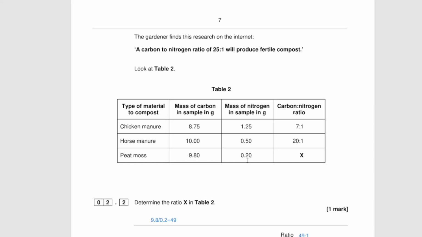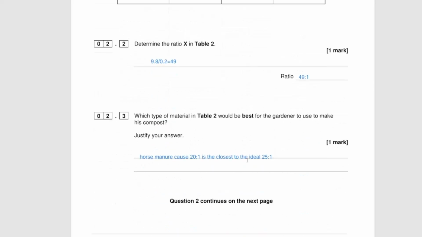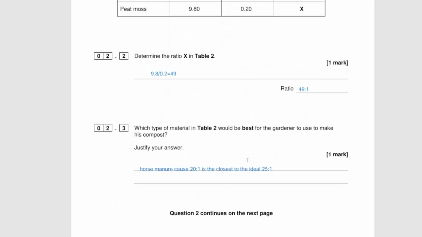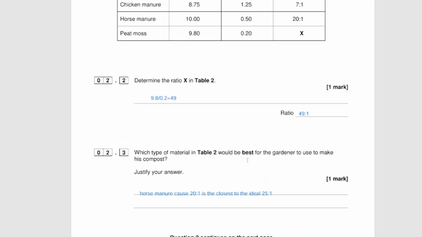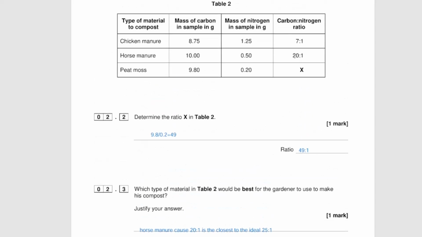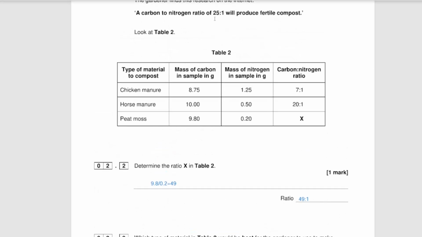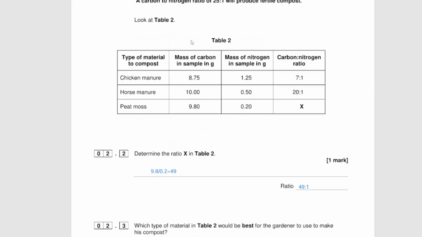And just do whatever method you're most comfortable with, and whichever method you usually use for your GCSE mathematics. And then for 2.3, which type of material in table 2 would be the best for the gardener to use to make his compost? And this is because horse manure, because as you can see, horse manure has a carbon to nitrogen ratio of 20:1, which is the closest to the, as stated on the internet, perfect 25:1.